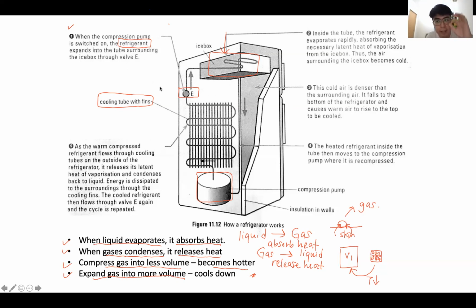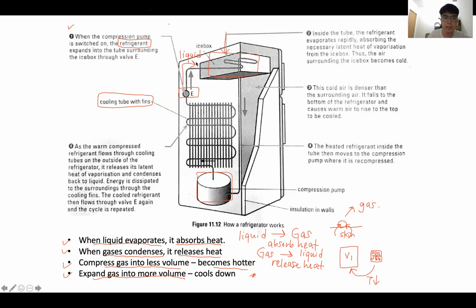When it expands, it cools down, right? Here it enters as liquid, a liquid that has been cooled down through the expansion when it goes through the expansion valve. The refrigerant is in the form of liquid here.